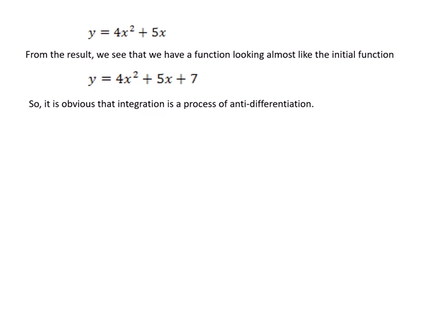They almost look alike, and that is why we describe integration as anti-differentiation. So it is obvious that integration is a process of anti-differentiation. So from this, I think it has validated the arguments there.